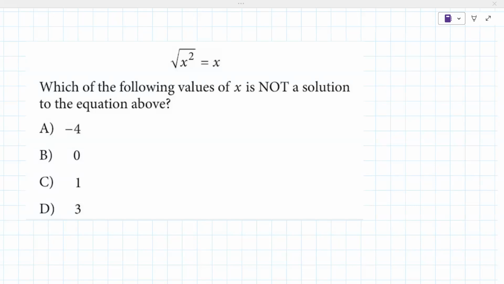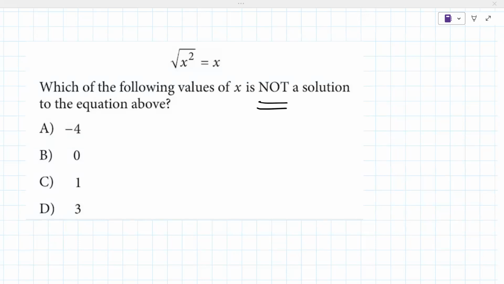Ooh, this is a little weird. I'm gonna go with 1. I don't really know. This one says "not a solution." Does that change how you want to answer it?